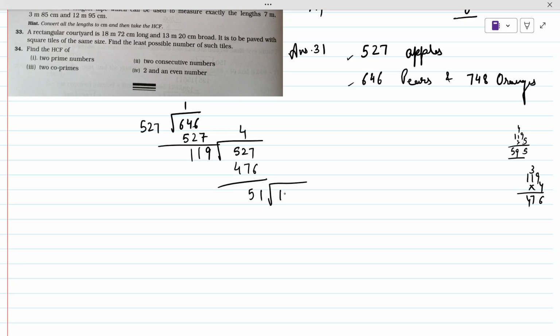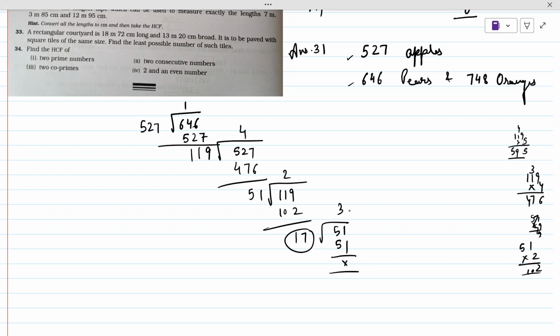Now let's check with 9. Sorry, so we have 51 here and we will take 2. 102. 119 minus 102 is 17. Then 51 is exactly 3 times 17, a direct multiple. And then what we have here is HCF as 17.